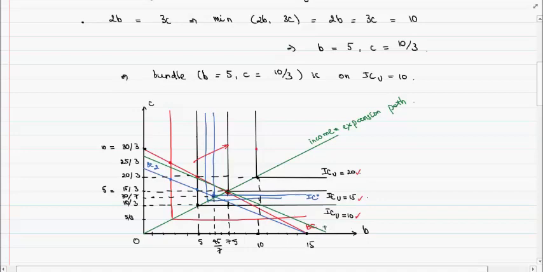I call this the temporary, or in the textbook the substitution, budget constraint. I want to find the optimal bundle under this temporary budget constraint. As you can see, the optimal bundle is again still going to be the red bundle, which is the intersection between the vertex point of the indifference curve and the budget constraint.